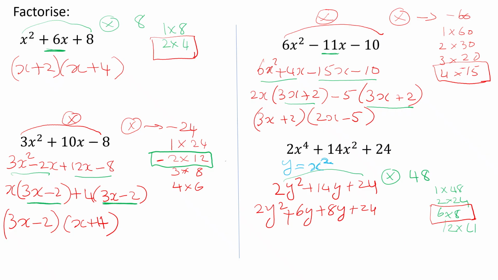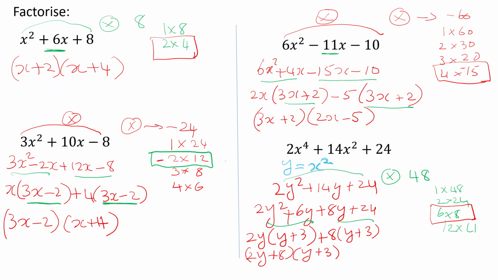So now I'm going to factorize. 2y(y + 3) plus 8(y + 3), then (2y + 8) times (y + 3).